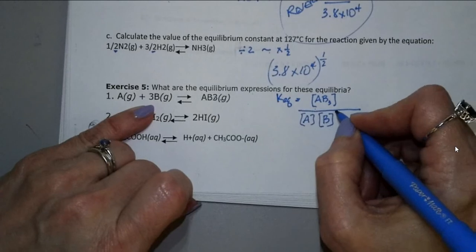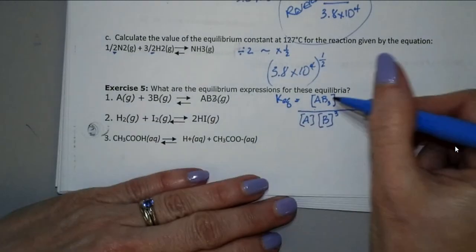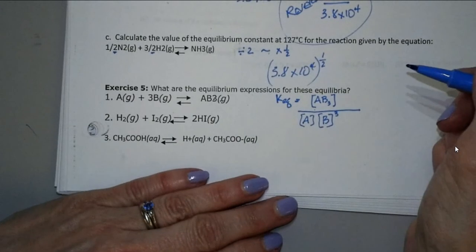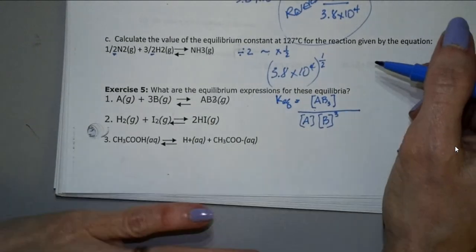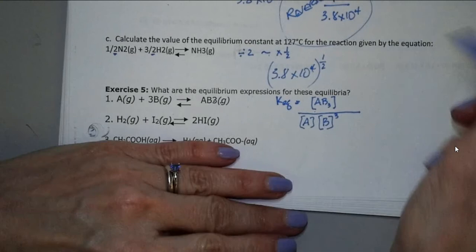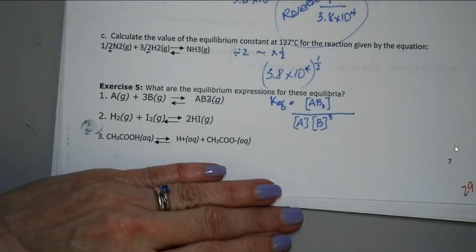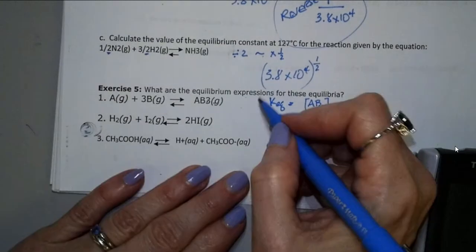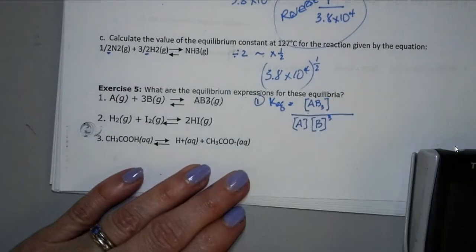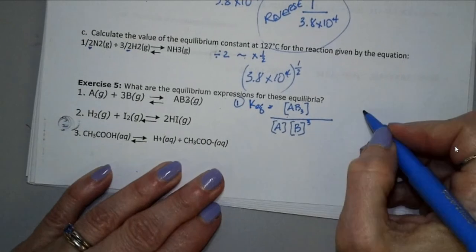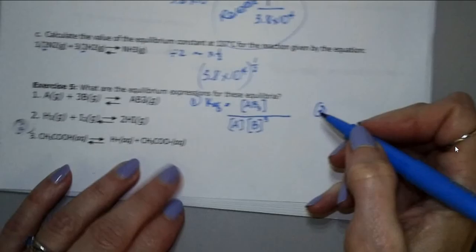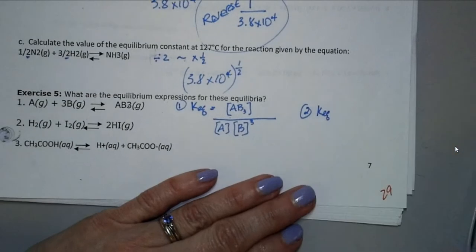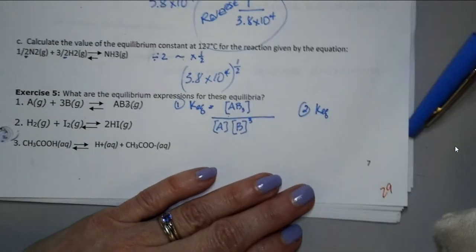Remember that? Do the other two. Do number 2, and then I want to talk to you about number 3. The equilibrium expression has an equal sign. You don't just simply write this and leave it that way and think that's going to work.